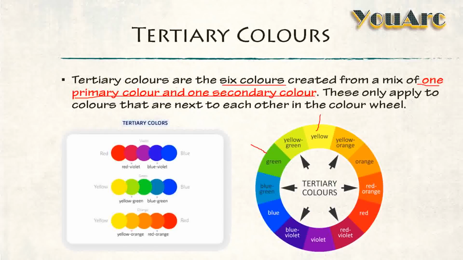They are close to each other, so in between them comes a tertiary color, yellow green. So if two colors, one primary and one secondary, are next to each other in the color wheel, they mix to create our tertiary colors. This is what they mean. So totally we have six tertiary colors, obtained by mixing one primary and one secondary color. Hope you got it.